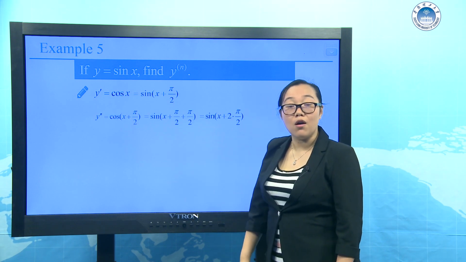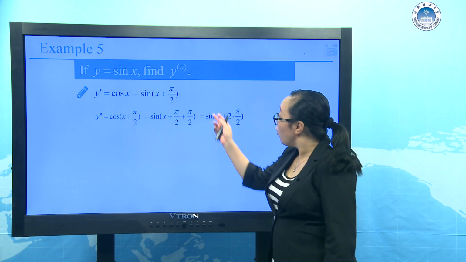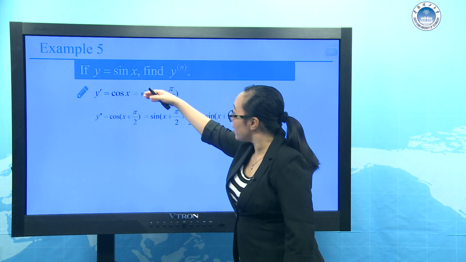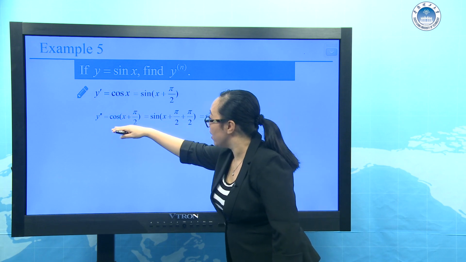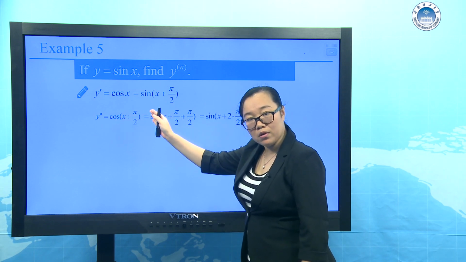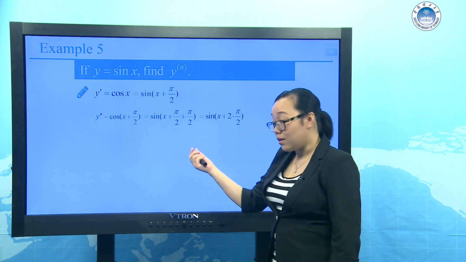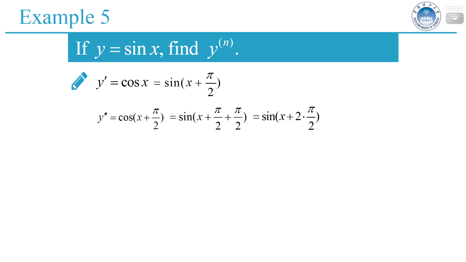And then get y double prime. From here, it is our sin u. sin u prime equals cosine u times u prime. u prime equals 1. And then we can write it as sin of the original angle plus half pi.